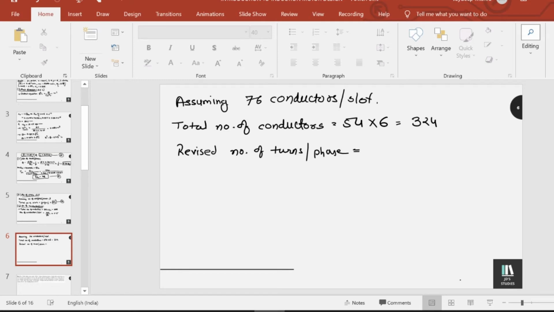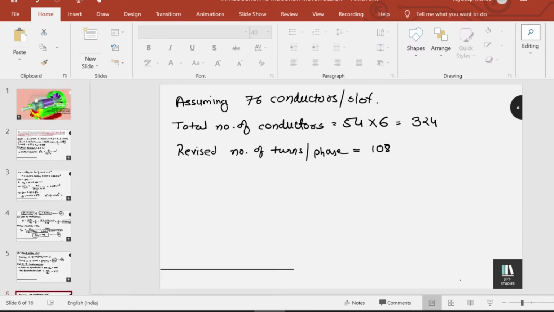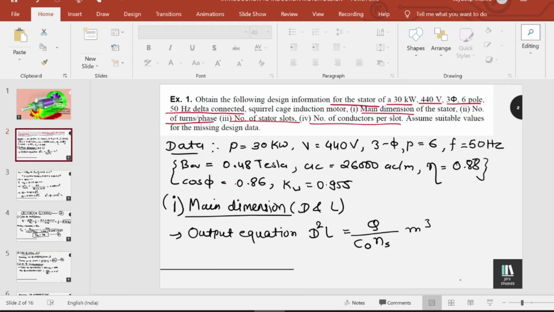So 324 divided by 3 means we have 108. Now we have to find the total number of conductors per slot.